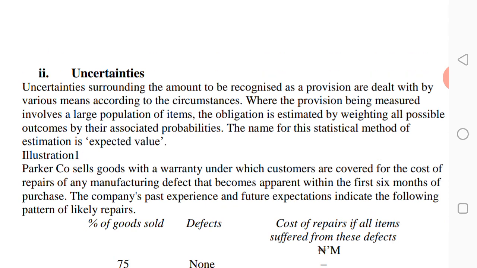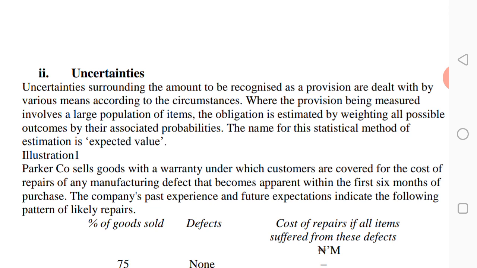Where the provision being measured involves a large population of items, the obligation is estimated by weighing all possible outcomes by their associated probabilities.